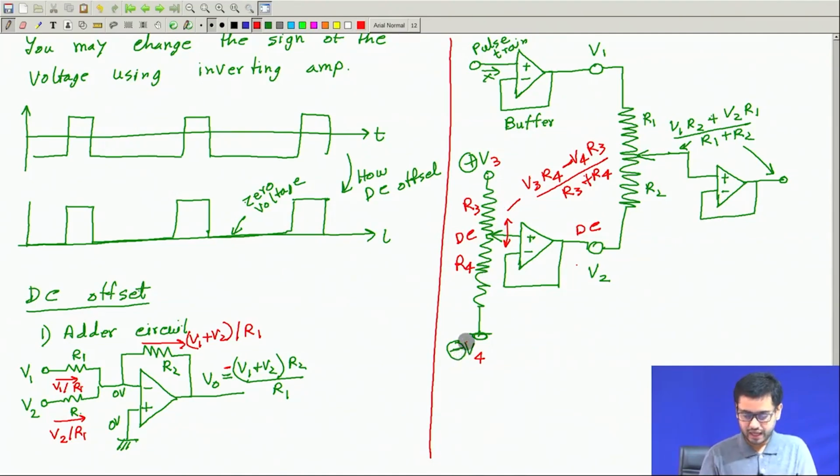Okay. And sometimes we connect a capacitor here before we feed the pulse train to this. This capacitor will eliminate or remove any DC component that this may have.